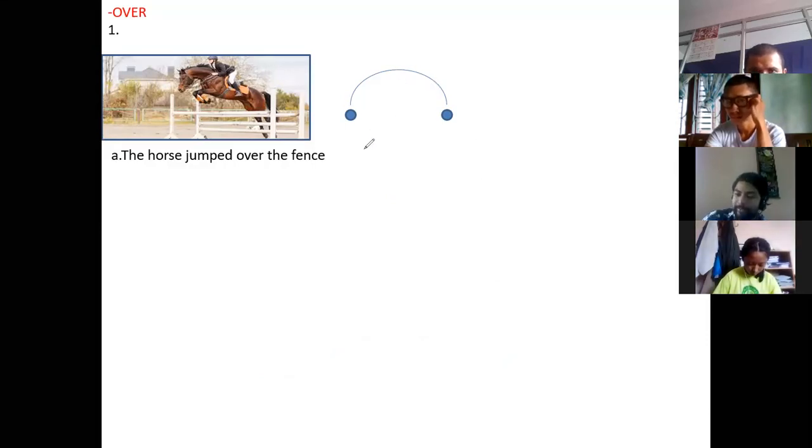For example, the horse jumped over the fence, meaning he went from one point and reached the other point, not by walking, but through the middle area at some point. Right?